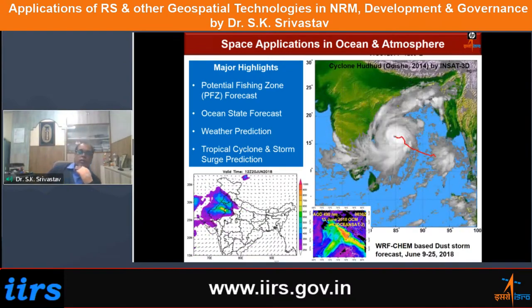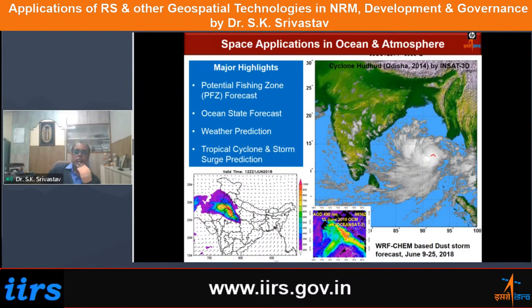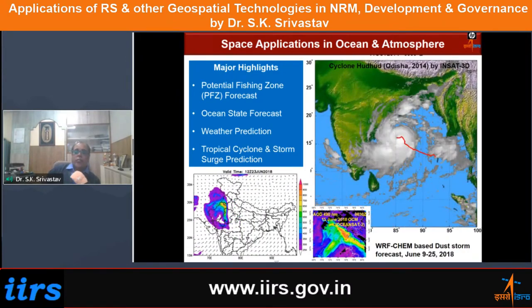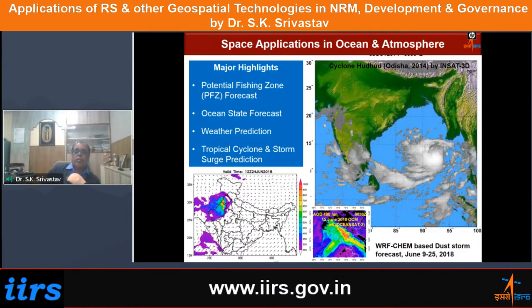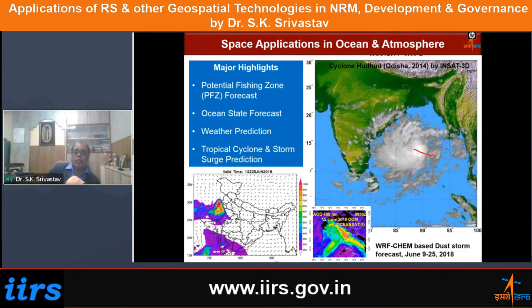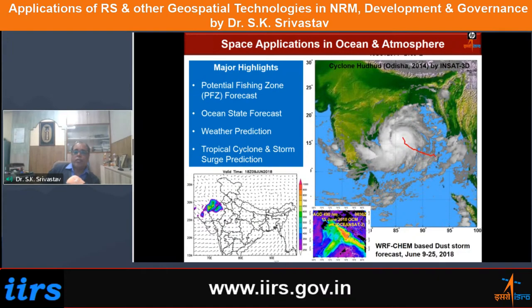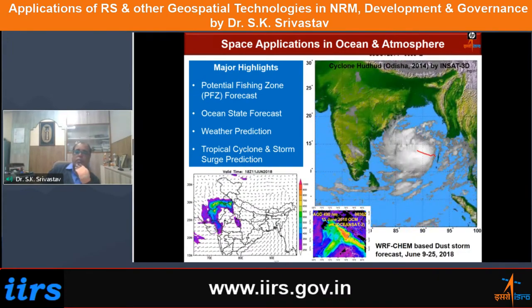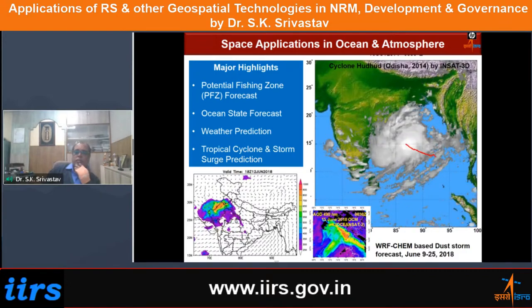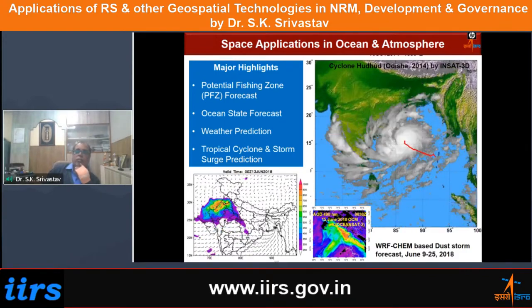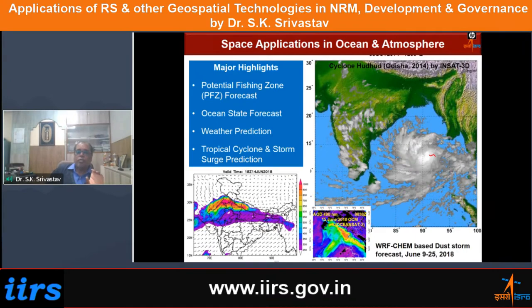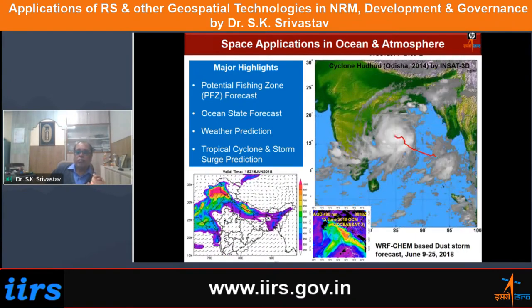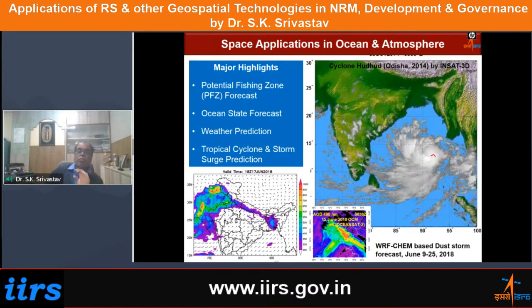All along the eastern and western coasts of our country, satellite images are being processed, and based on the chlorophyll concentration in the sea waters and the sea surface temperature, by combining these two pieces of information, scientists generate the information on suitable or favorable zones where a high fish catch is most likely.